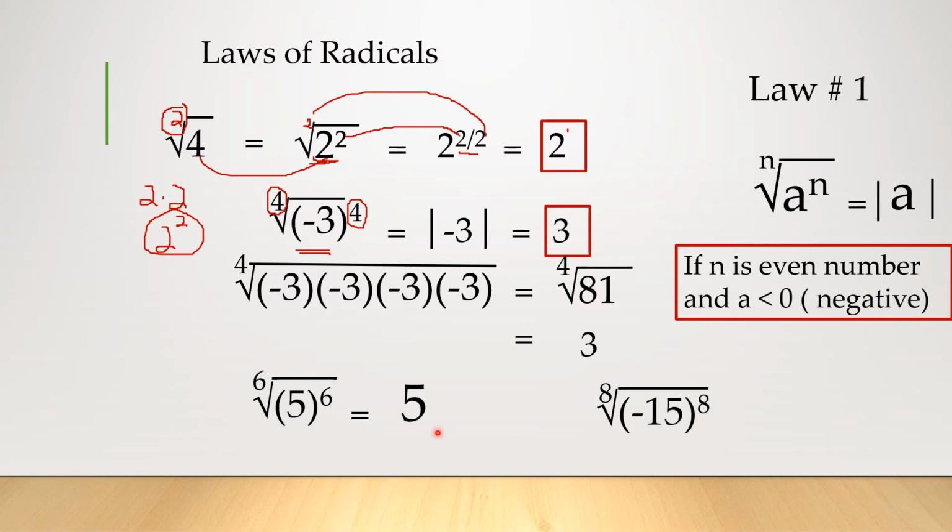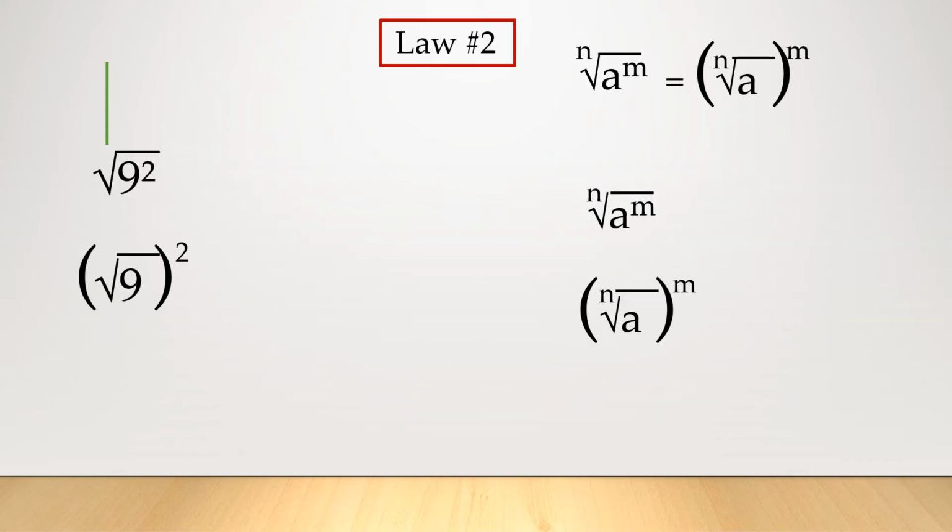Now, if we have the 8th root of negative 15 raised to 8, it means the answer is 15. Getting the absolute value is simply removing the negative sign. That is 15. So again, this is law number 1. One part if n is an odd number, and this one if n is an even number. So let's have another one here.